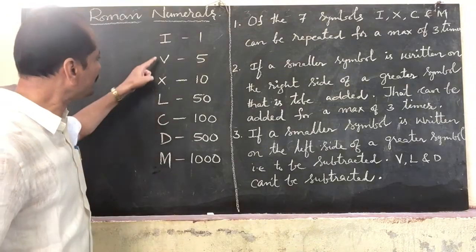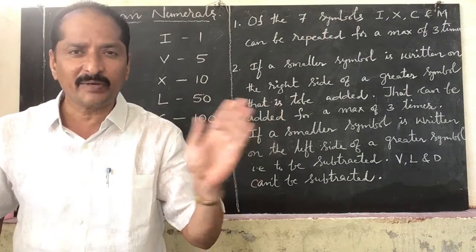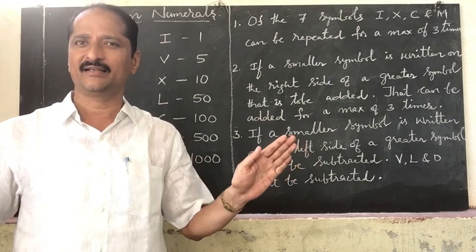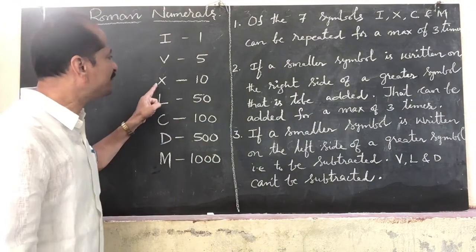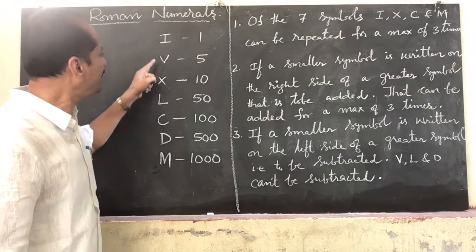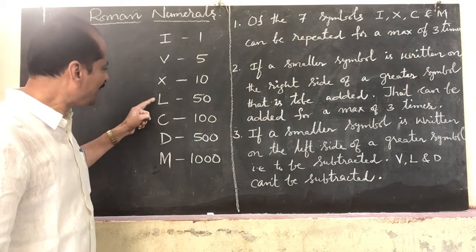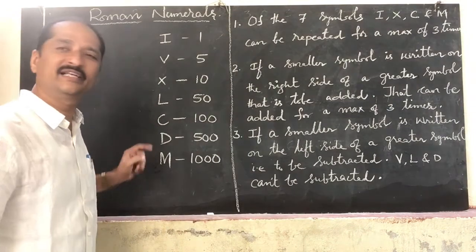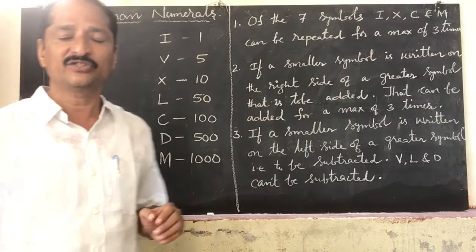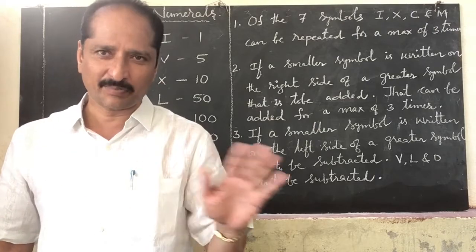So we cannot subtract V, L, D. V, L and D cannot be subtracted. That means V cannot be written on the left side of X, or L cannot be written on the left side of C, or L cannot be written on the left side of D, like that. Understand? So V, L and D cannot be subtracted.